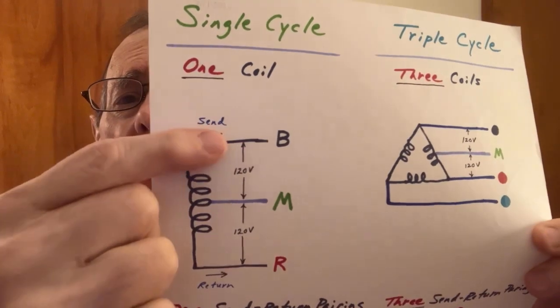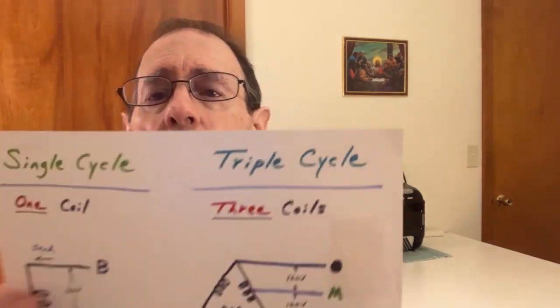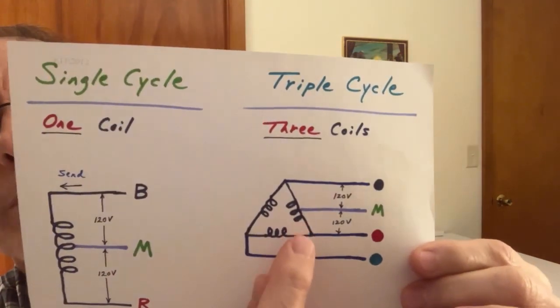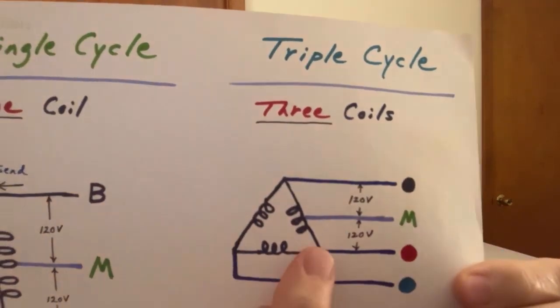But for the sake of understanding and wiring and such, we generally speak of these as two different conductors. And of course, they're two different colors. Now, for triple cycle, in the transformer, you'll have three coils here on your secondary side.